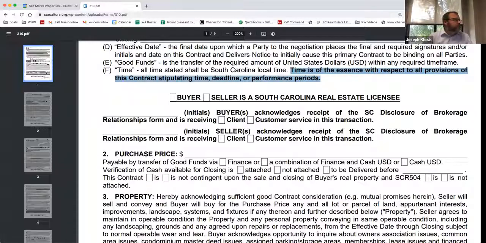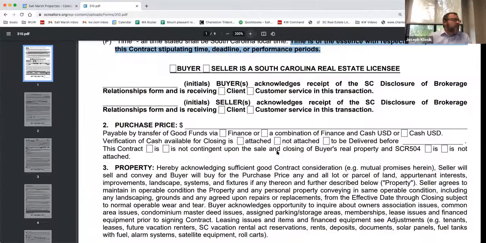All right. This is where you would disclose 2 things. One, that the buyer or seller has a real estate license in South Carolina. And then this is also another place that the buyer and the seller have received the South Carolina Disclosure of Relationships form. If you're working with a FSBO, this is where they would sign it. However, if they're a transaction broker situation, they would only mark as customer service in this, not client.